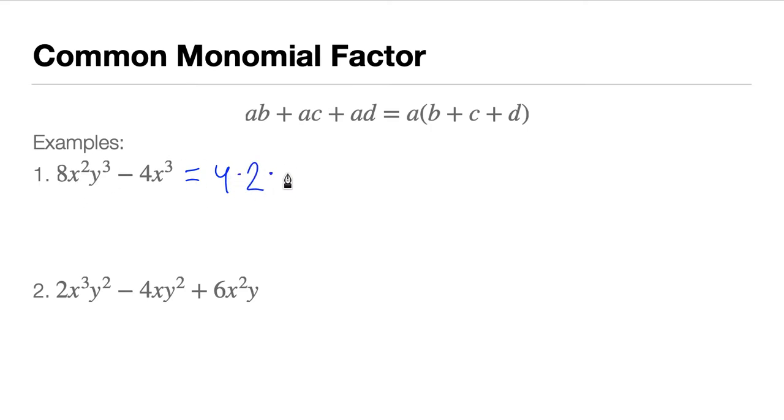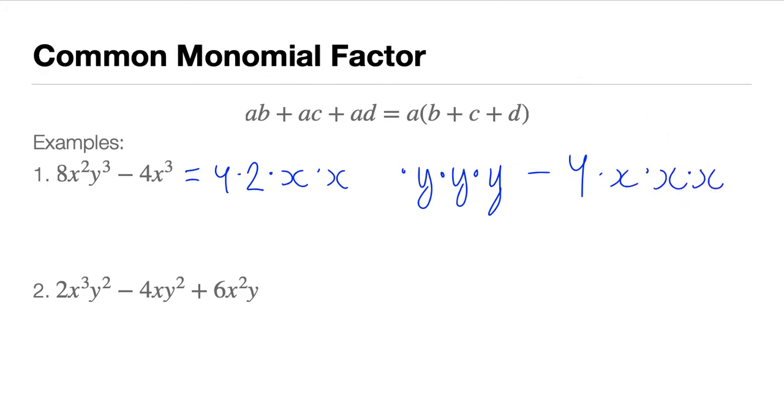So we have 4 times 2 times x squared, so x times x, times y cubed, so y times y times y. Sorry, I overshot the x; that's only x squared. So we have 4 times 2 times x squared, and then y cubed, so 3 y's, minus 4 times x times x times x.